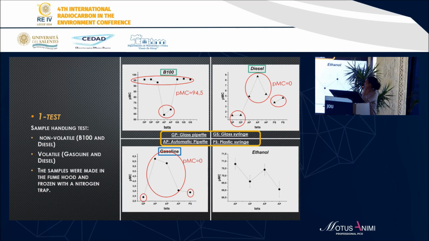And the best in this case was using the glass pipette, but it was very difficult to manipulate this sample because it's very, very volatile. And I will show in the next test, number 3, I use a glass syringe, which was the best result. Ethanol is very difficult to manipulate, and I use only the automatic pipette, and the result was around 70, and the expected value is 100.